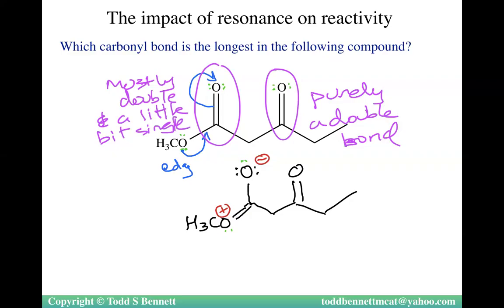Okay, so that's where we have to know our information about bond length. If you recall, single bonds are longer than double, which are longer than triple. So if you have something that's purely double and something that's mostly double but partly single, that little bit of extra single bond makes this a little bit longer. So this will be longer. So therefore, by default, this one will be shorter. This one is our reference. We don't do anything with it. This one became longer because of resonance.